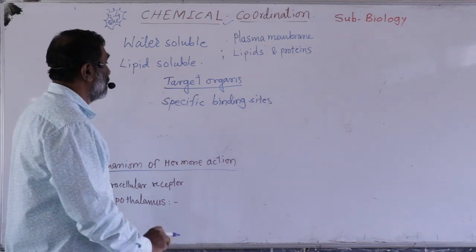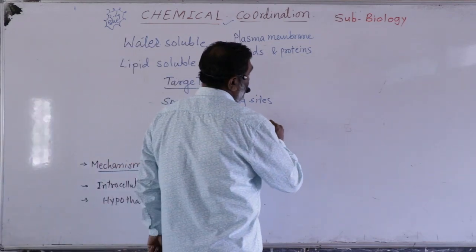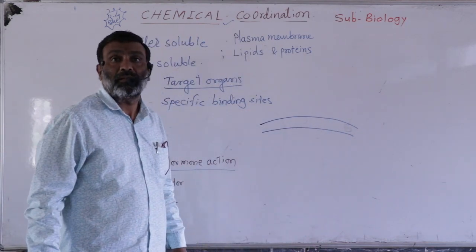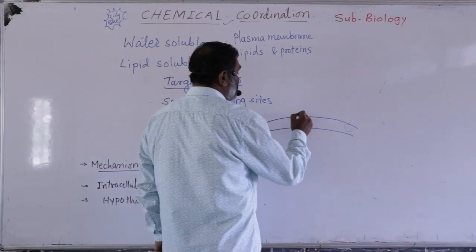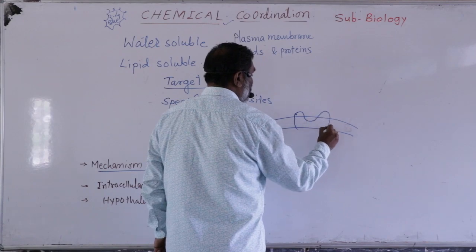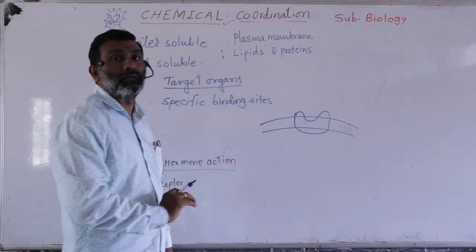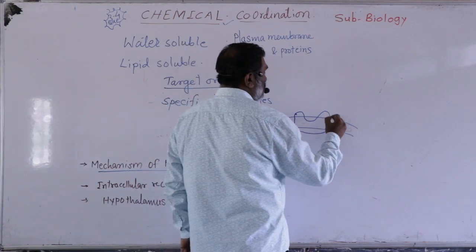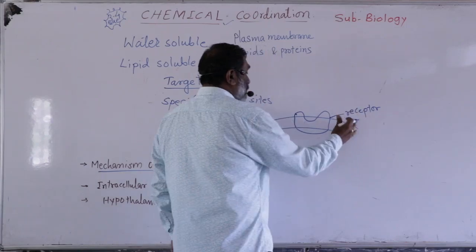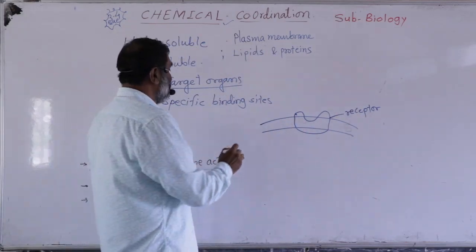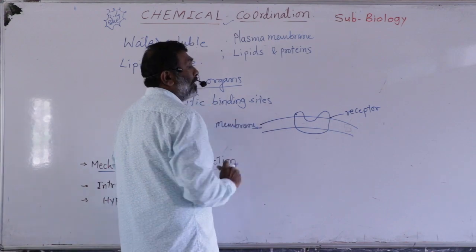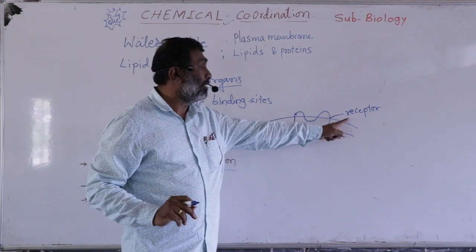Suppose this is the membrane of the cell. This is the actual specific receptor. Being on the plasma membrane of the cell, this is called a membrane receptor.